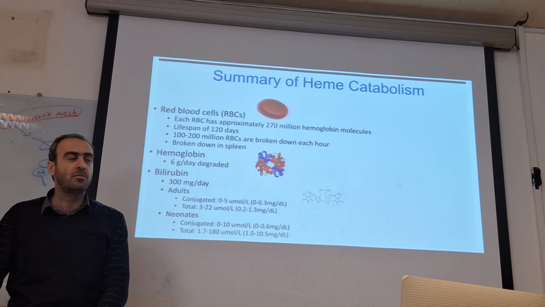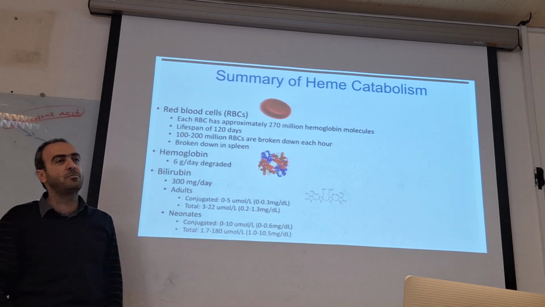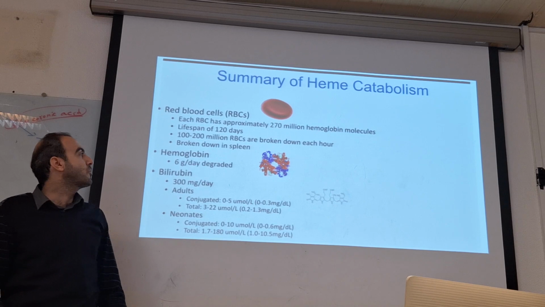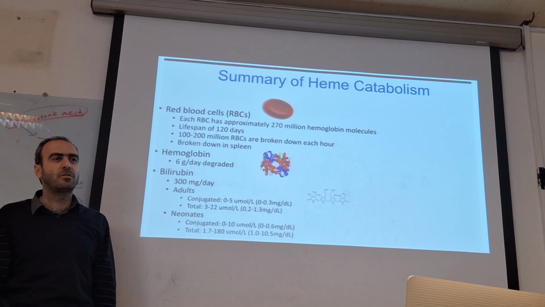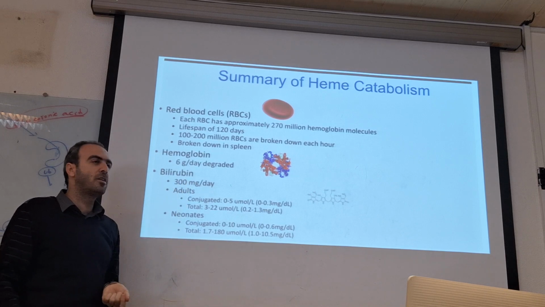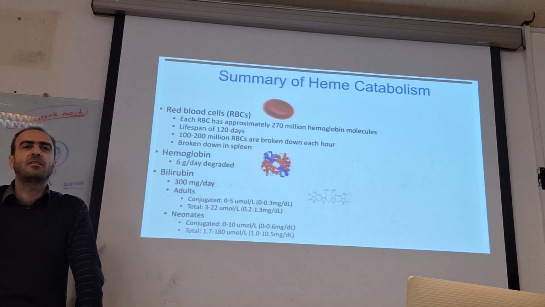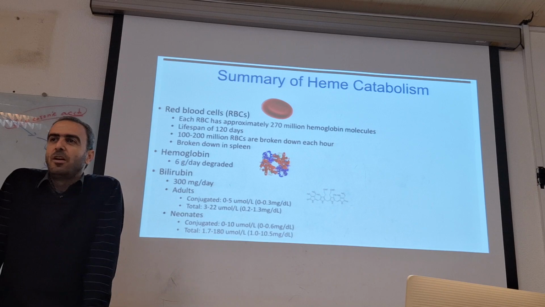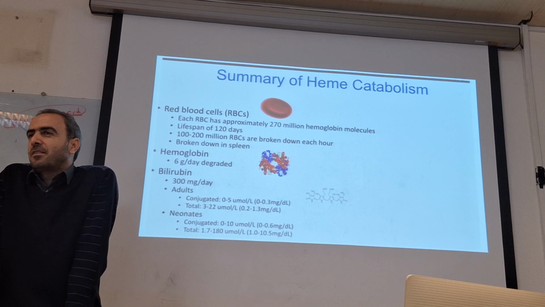Can you imagine? 100 to 200 million RBCs, each of them with 270 million hemoglobin molecules. Daily, 6 gram of hemoglobin is broken down. And the bilirubin produced in a day is 300 milligram, with a concentration near 1 milligram per deciliter.